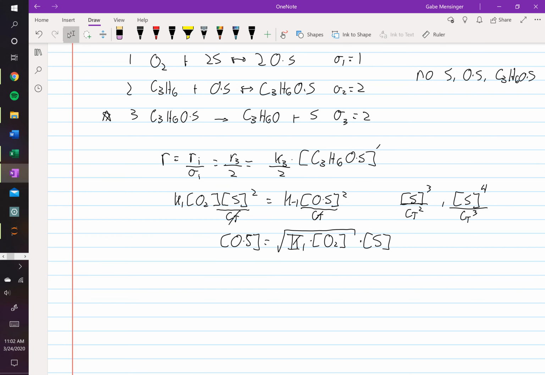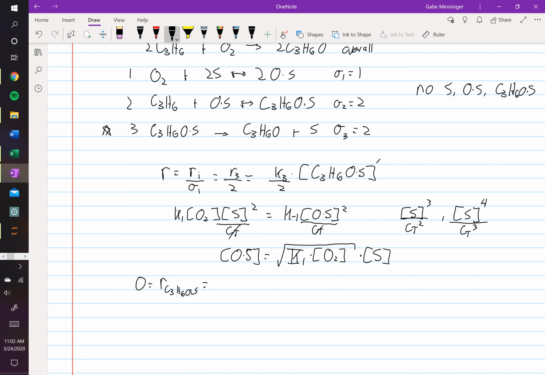We still haven't solved for C3H6O.S, but we can make a pseudo-steady state assumption on that. So the overall rate of that is going to be equal to 0. It's going to be equal to the creation of it, which is K2 times C3H6 times O.S, and then the consumption of it.